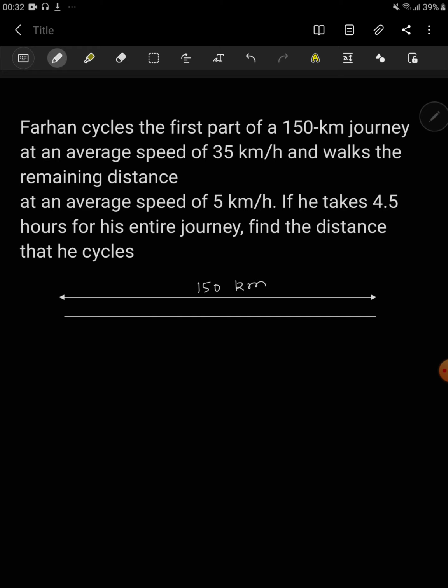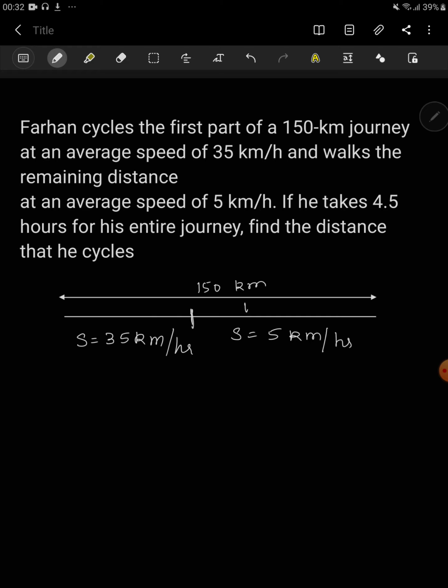He cycles the first part of the journey at an average speed of 35 kilometers per hour. So that means for the first part of the journey, the speed is 35 kilometers per hour, and he walks the remaining distance at an average speed of 5 kilometers per hour.